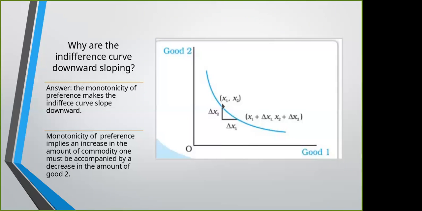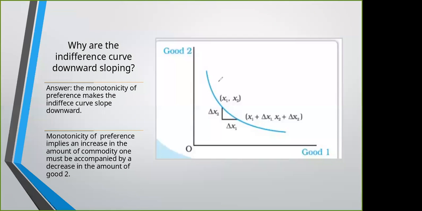But the quantity of commodity 2, or good 2, if you see that vertical height, the vertical height has declined. So for the increment in good 1, you have got more utility, and if you have to remain on the same indifference curve, you must get the same level of utility. Because of the monotonicity of preference, if you have to remain at the same level of satisfaction, the quantity of the other good, in this case good 2, must decline, so that you get the same level of satisfaction.